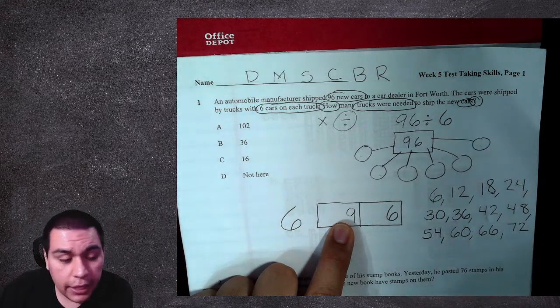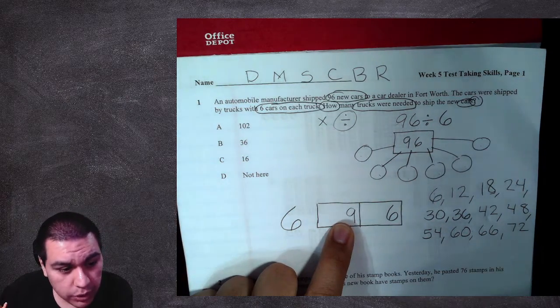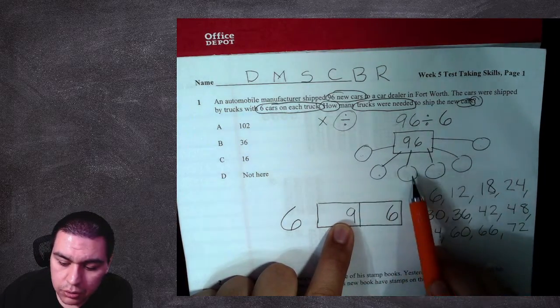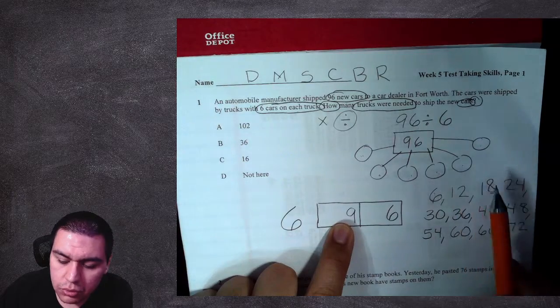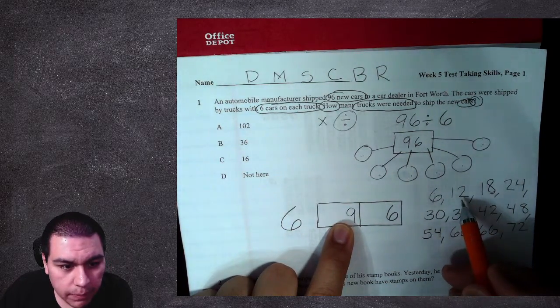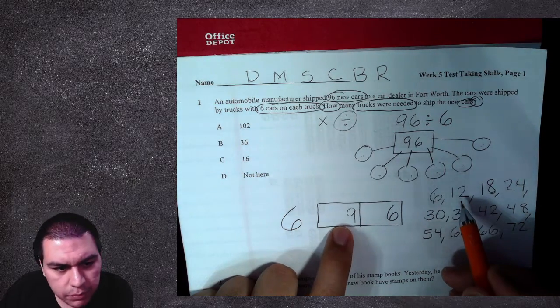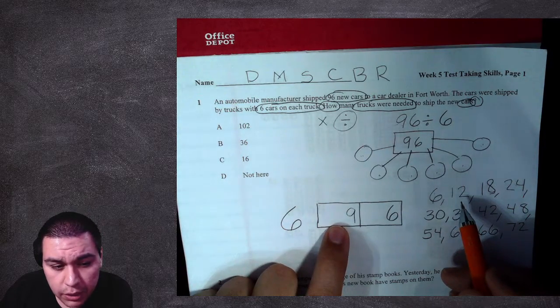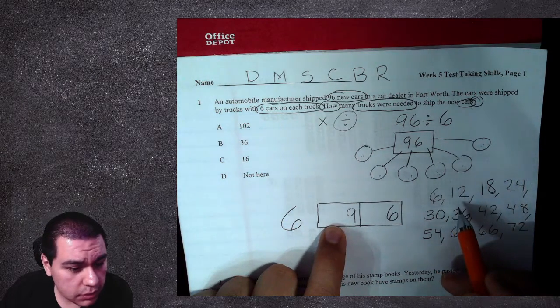If I go around again and try to give each one a second car, 2 cars, 2 cars, 2 cars, 2 cars, 2 cars, 2 cars, that's giving away 12. But look at that first box. There's only 9. Kylie, if I only have 9 cars in the first box, do I have enough to give away 12 cars?